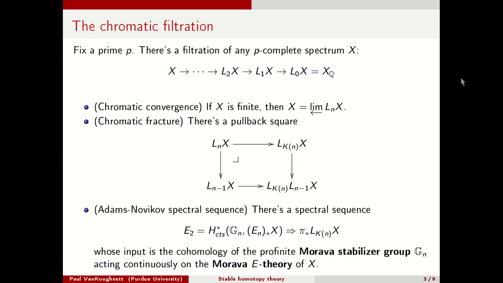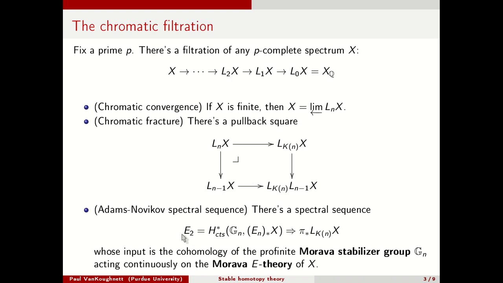We can study these using this suite of theorems, which were mostly developed by Hopkins and Ravenel. First of all, if X is finite, if it's the p-completion of a finite complex, then it's the homotopy limit of this diagram. Second, there's a pullback square expressing each L_n X in terms of L_{n-1} X and another object called the K_n localization of X. So we can think of these K_n localizations as sort of the associated graded of the height filtration.